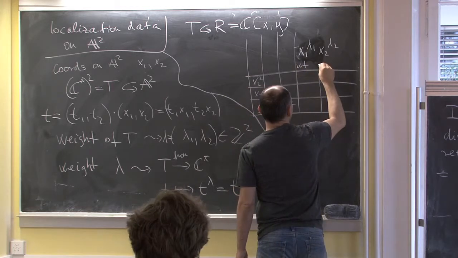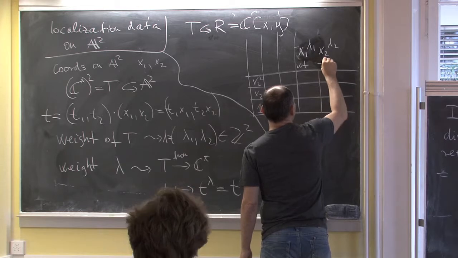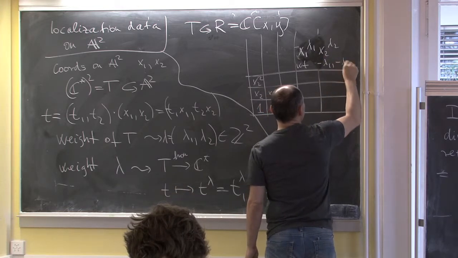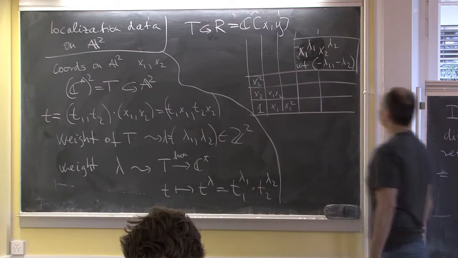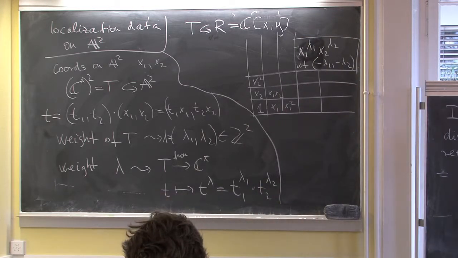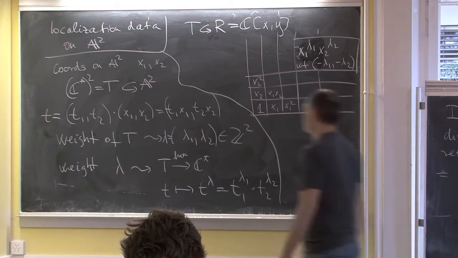I think the correct thing to say is that it carries weight minus lambda 1, minus lambda 2, because of a convention.